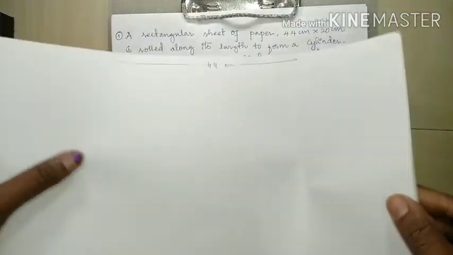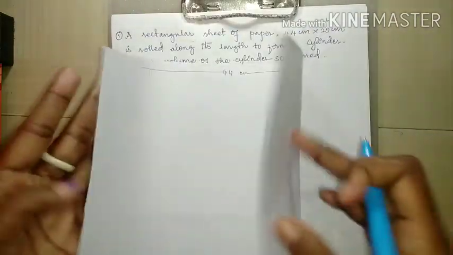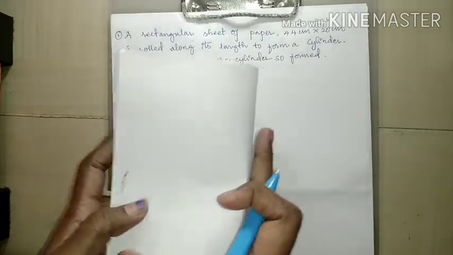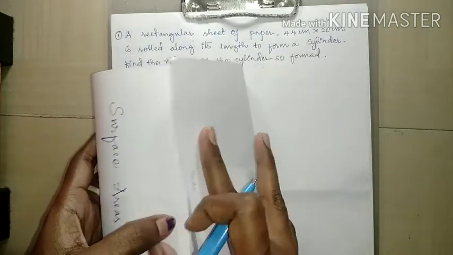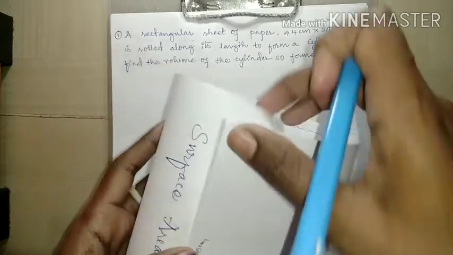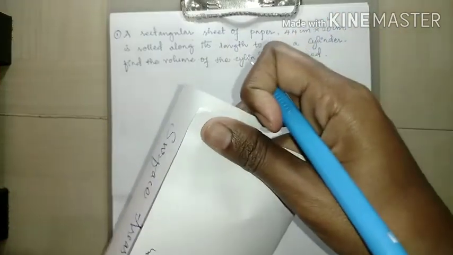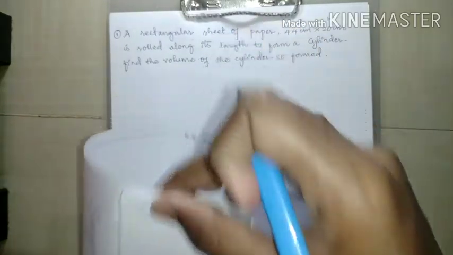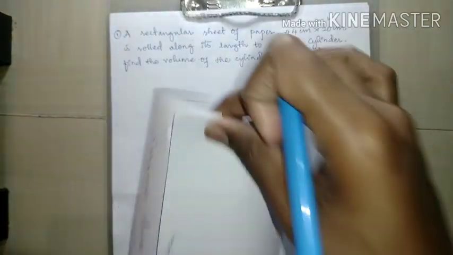So if I roll along its length, the length part becomes the circumference of the circle, that is 2 pi r, that is 44 centimeters.